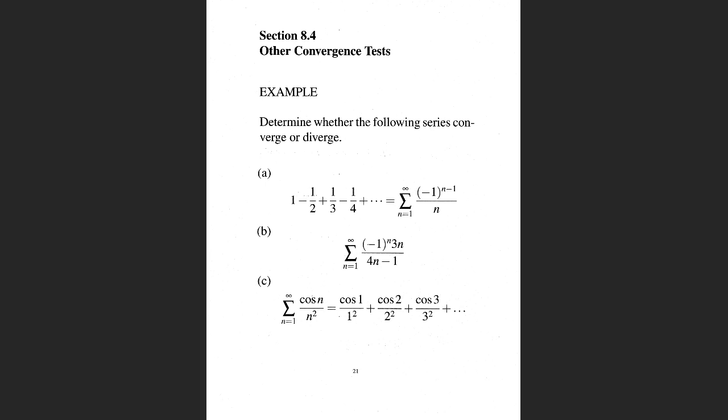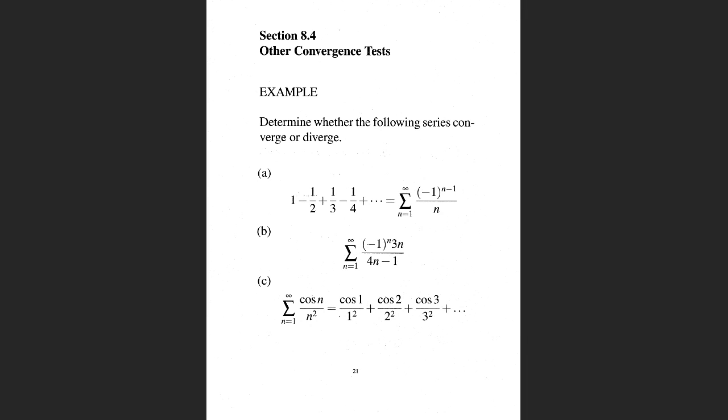But what if you have a series where the terms are not all positive? What if the terms are positive, negative, positive, negative, positive, negative, and so forth? Well, then you can't use the comparison test directly, so section 8.4 gives us some other tests that we can use for establishing convergence or divergence of infinite series.